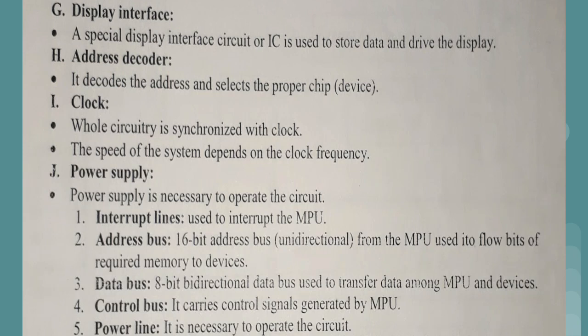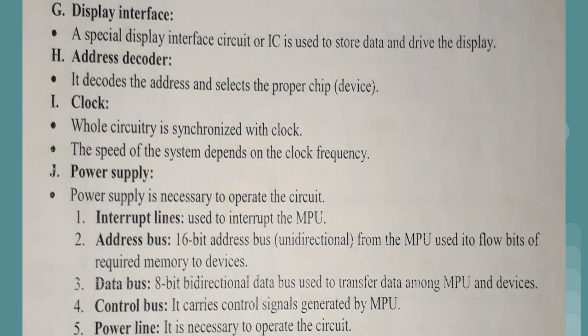For each peripheral device, we have a different chip. Whenever I give a print instruction, the chip connected to the printer should be enabled, right? That function is performed by the address decoder. It enables the proper chip through which we can reach the appropriate component.